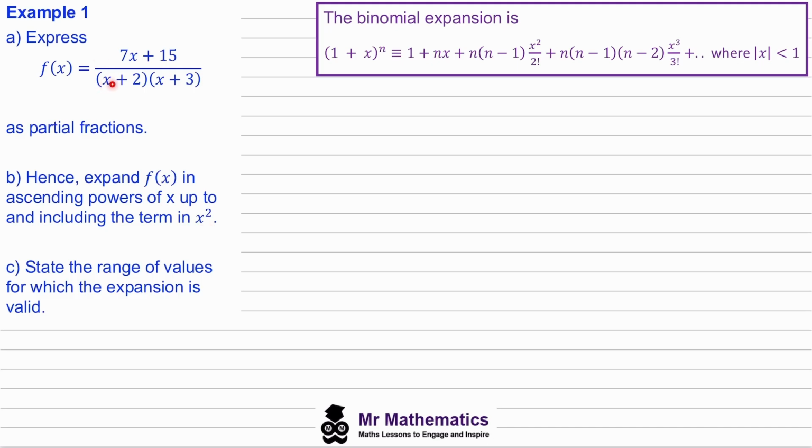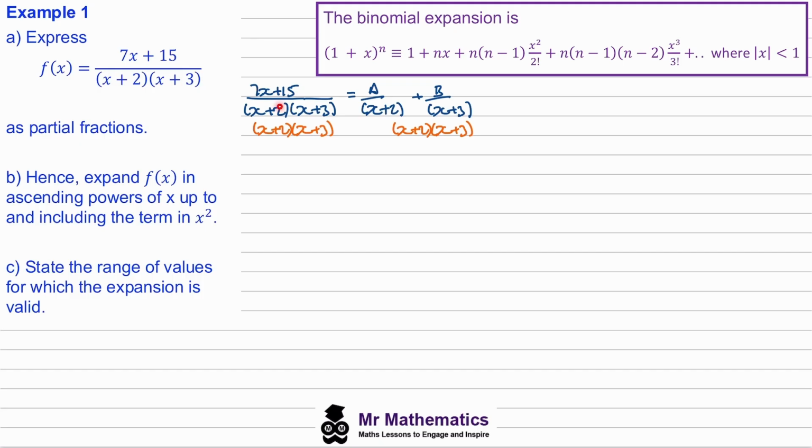So we'll begin by writing this as the sum of two fractions. So this will be a over x plus 2 plus b over x plus 3. And then we need to work out the constants a and b. So we'll multiply both sides by this denominator.